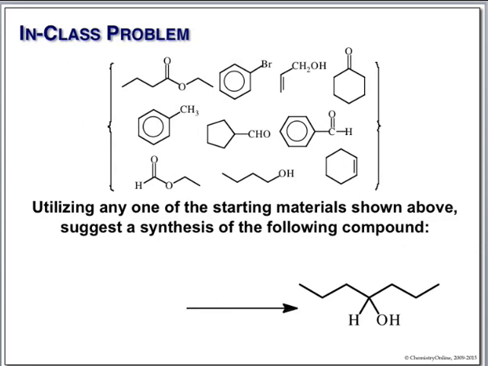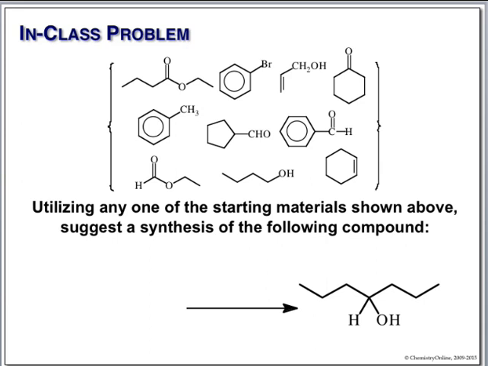This is the kind of thing that you might see on an exam, where you're given a selection of starting materials, and you are simply asked to make a compound. Okay? Now, we look at this, and we say to ourselves, it's an alcohol, right?